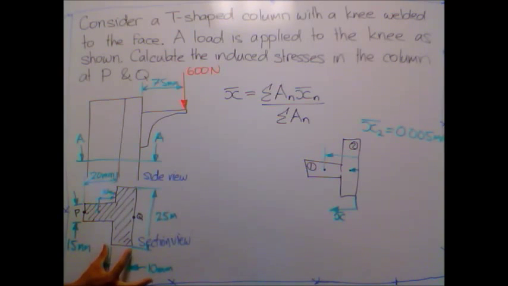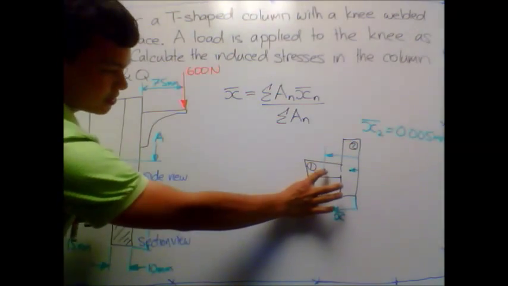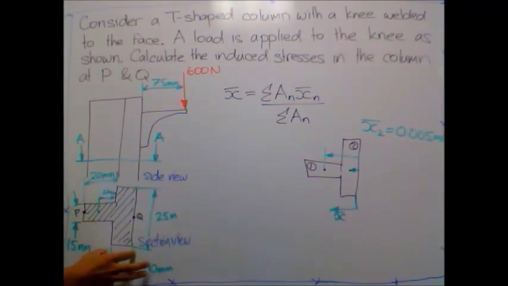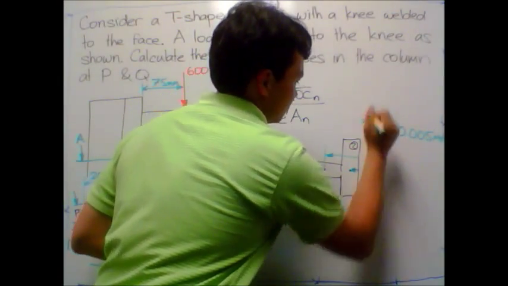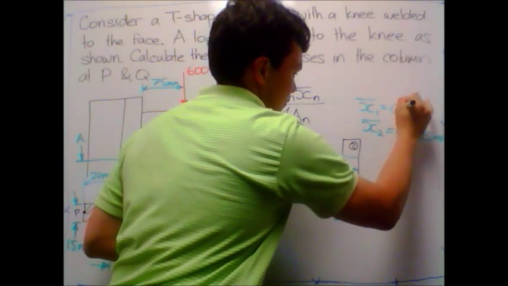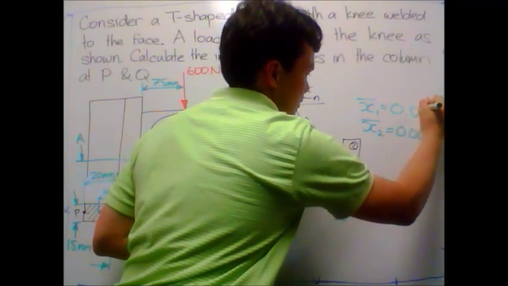So the distance to get to here from this reference will be 10 millimeters plus 10 millimeters. So x1 will be equal to 0.02 meters.